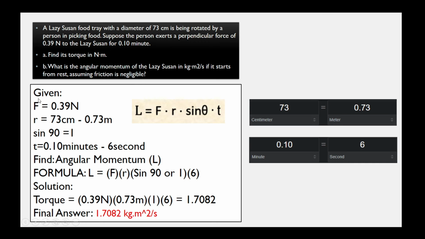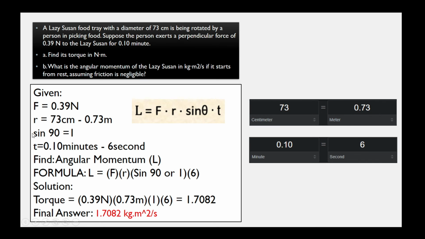Given the force is equal to 0.39 newton and the radius is equal to 73 centimeters, but we need meters for the torque, so we need to convert it. All you need to do is just move the decimal point. But for a more credible source, we have a screenshot from a Google converter: 73 centimeters is equal to 0.73 meter.